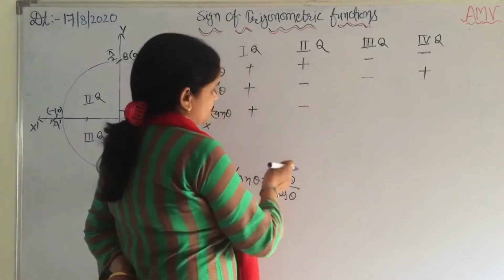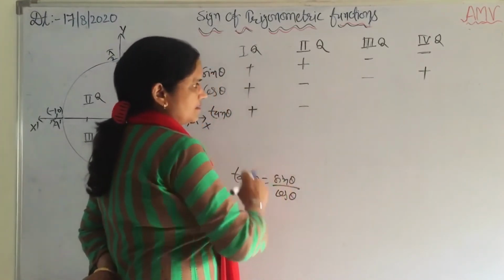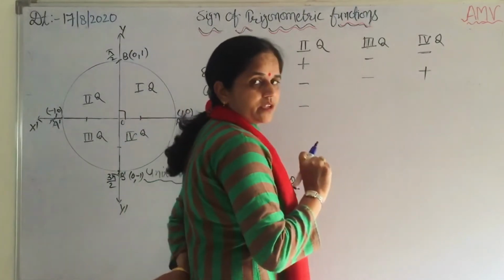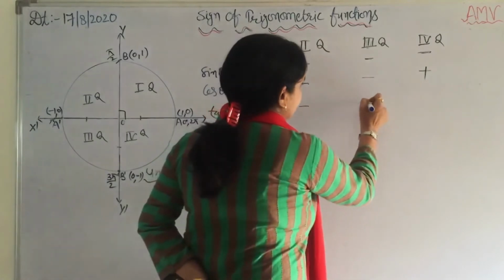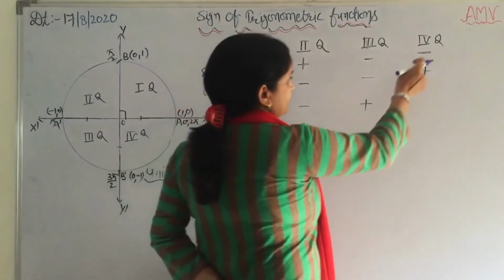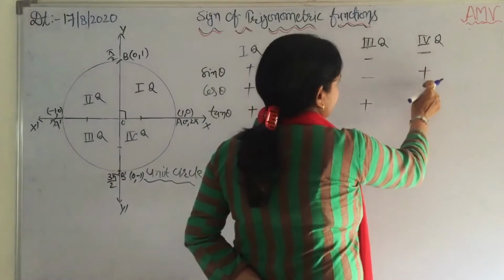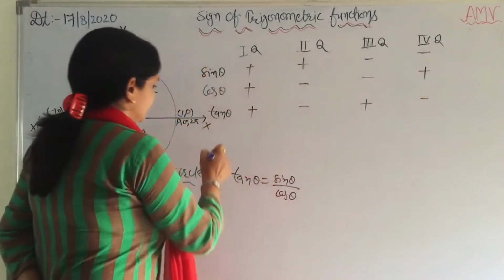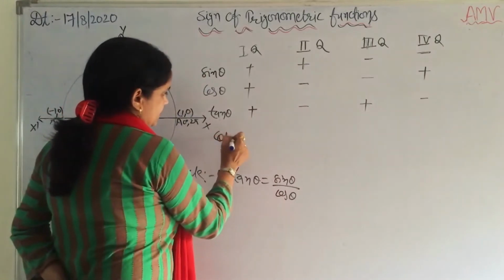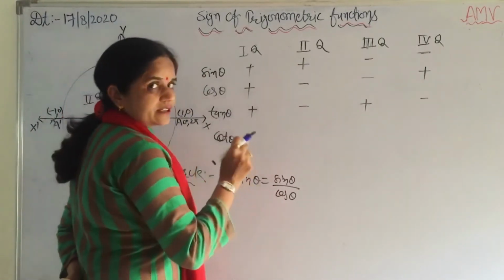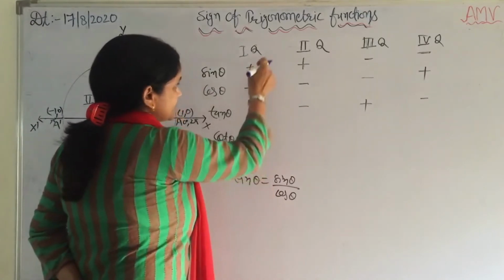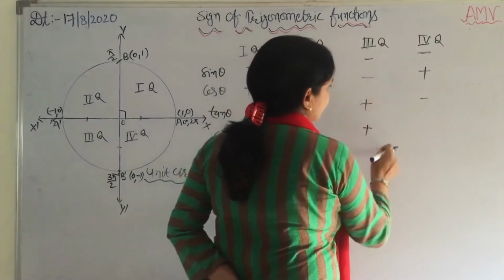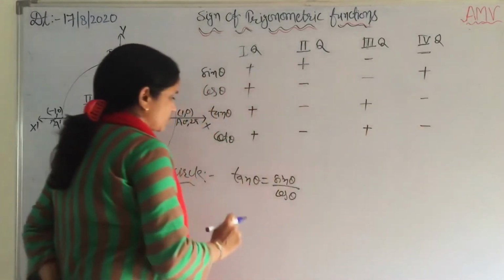Positive divided by negative makes negative. In the third quadrant, sin and cos both are negative and tan is positive. In the fourth quadrant, sin is negative, cos is positive, so tan is also negative. And cot theta, the reciprocal of tan, is positive in the first quadrant, negative in the second, positive in the third and negative in the fourth quadrant.